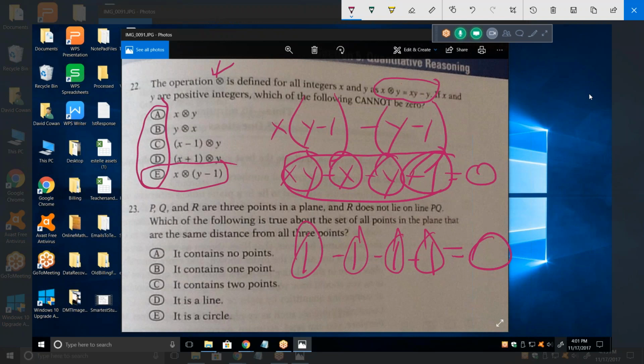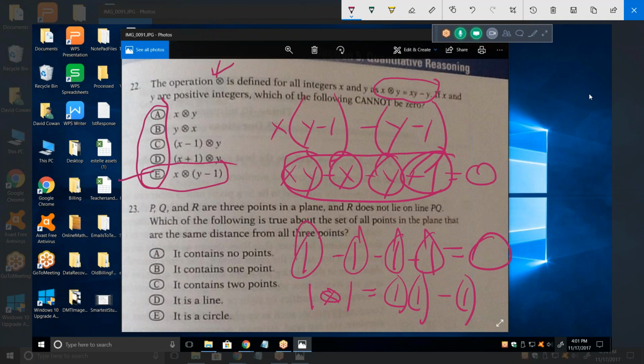That's 1 plus 1 is 2, minus 1 and minus 1 is 0. So in other words, what would 1 star 1 be? It would be 1 times 1 minus 1. So E appears to work also.